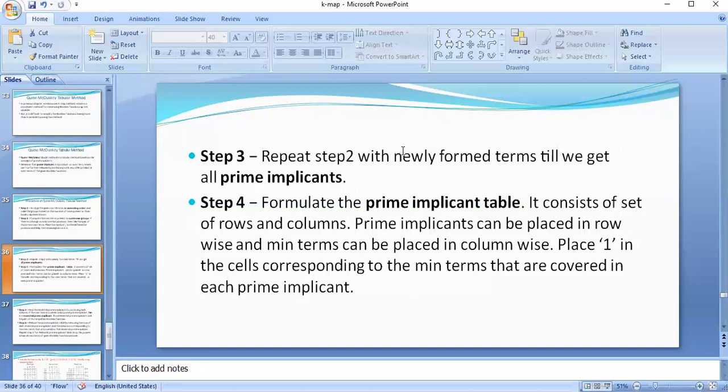Next, step 4. We have to draw the prime implicant table. In the prime implicant table, we have rows and columns.